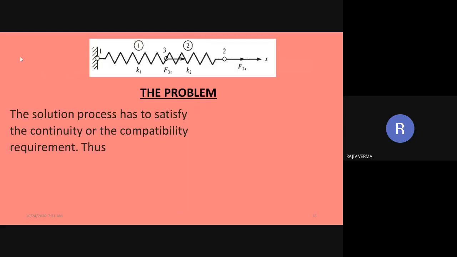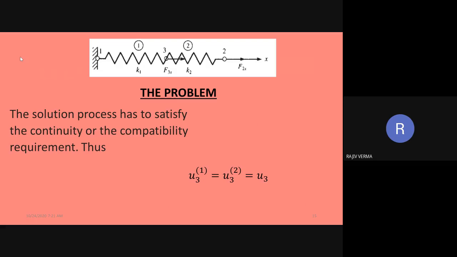Now, to achieve this solution, we have to satisfy some continuity or compatibility requirements. And since node number 3 is common between both the elements, it really means that the deformation at node number 3 for element number 1 and element number 2 is going to be the same value, which we have represented simply by U3.